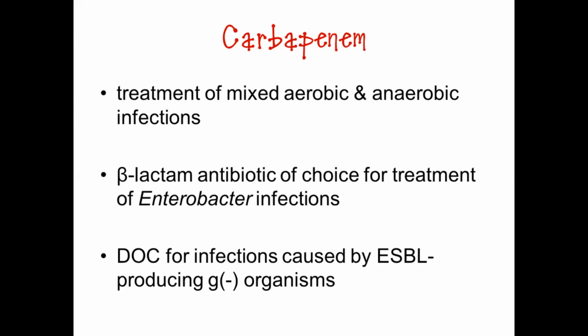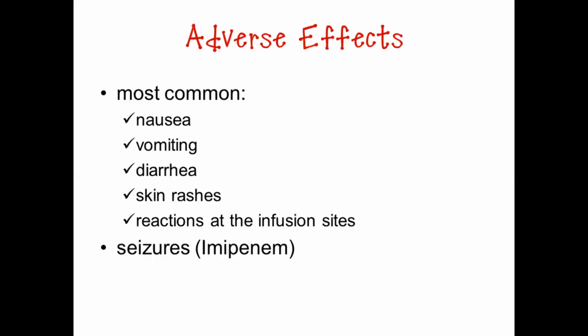Or pwedeng resistance to aztreonam. So, pwede natin bigay yan. So, pagka ganun agad yung nakita sa culture, hindi mo na bibigyan ng mababang antibiotic. Automatic, meron. Or, imipenem, ito na agad yung carbapenem na agad ibigay.